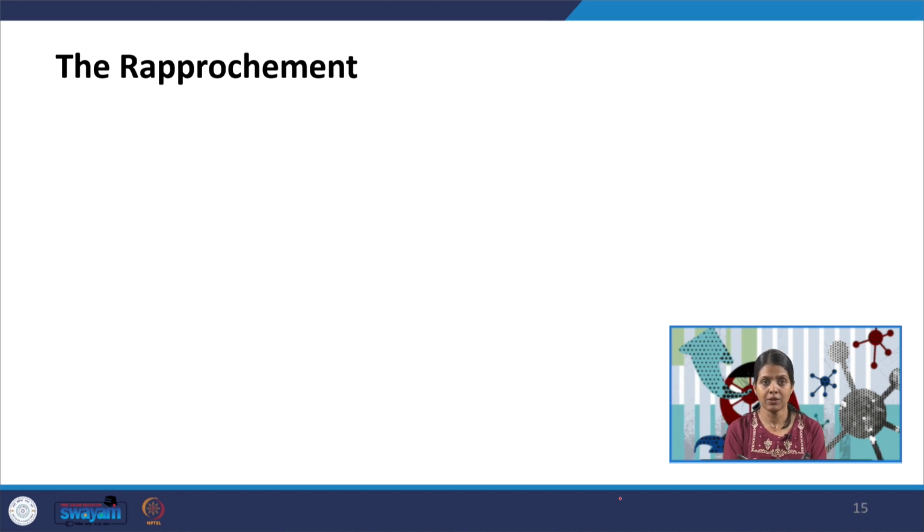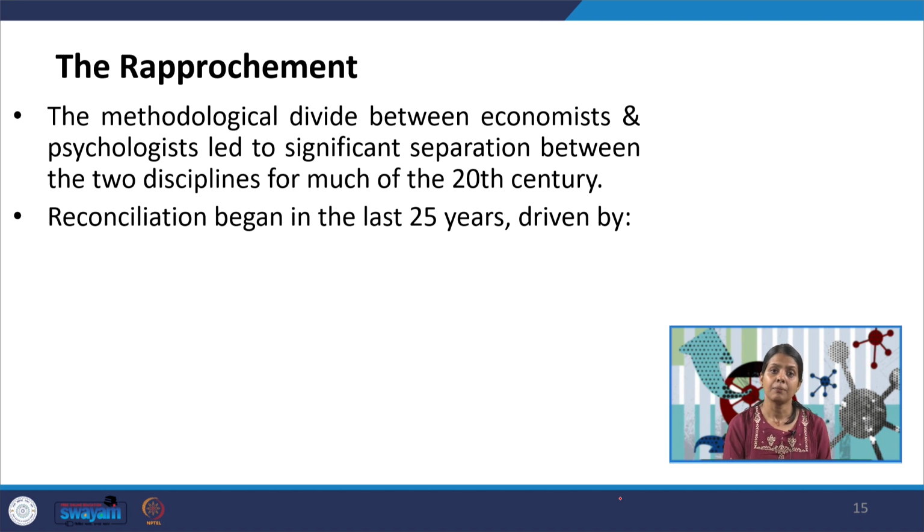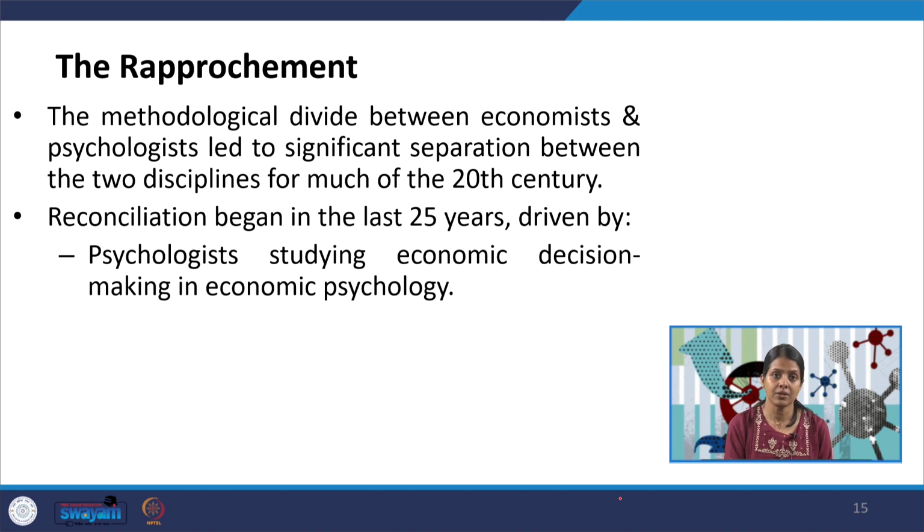Now, we have talked about the fact that economists prefer field studies and psychologists prefer experimental studies. We are yet to talk about experimental studies, but then there has been a rapprochement. The methodological divide between economists and psychologists led to significant separation between the two disciplines for much of the 20th century. Reconciliation began in the last 25 years, driven by psychologists studying economic decision making in economic psychology.